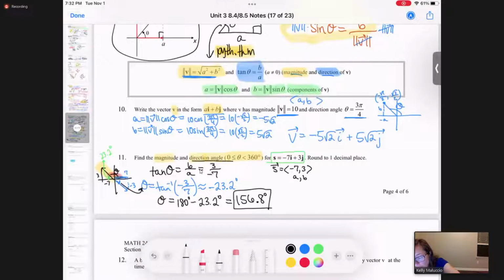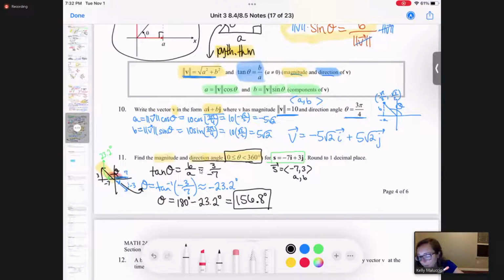Another way to know this is we got -23.2, and they asked us for 0 to 360. I was kind of over analyzing it there. You just have to figure out where this is going to go and how to get that.